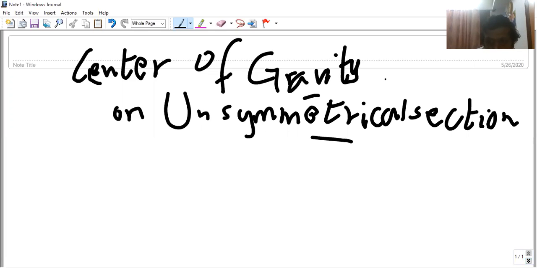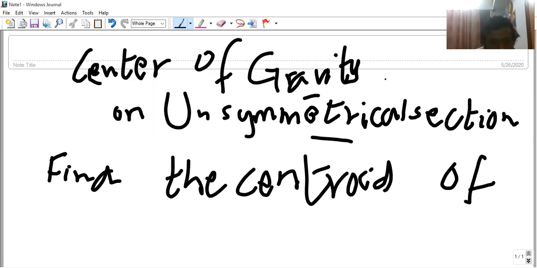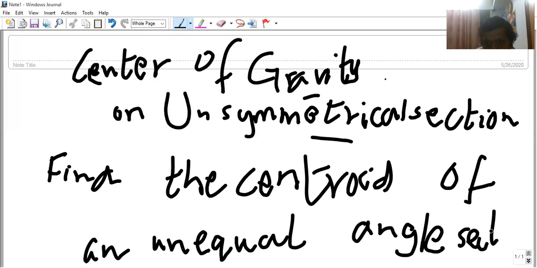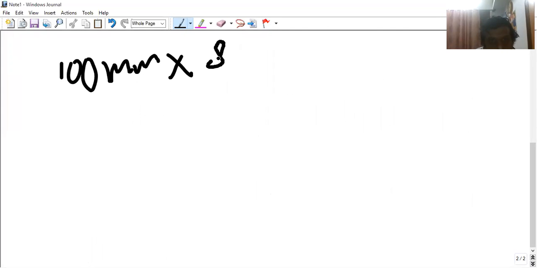Let me write the question for you. Find the centroid of an unequal angle section (100 mm by 80 mm by 20 mm).